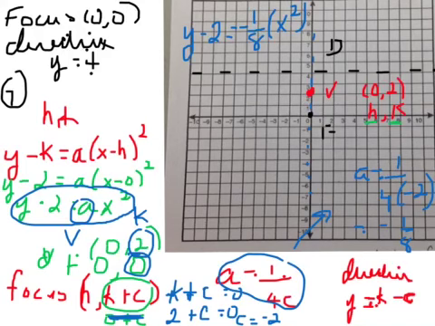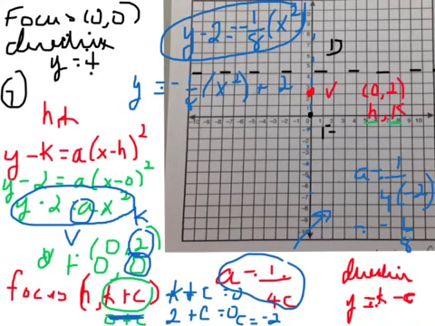So if you think about it, this is the answer to the equation right here. But if I add 2 to both sides, I get y equals negative 1 over 8 times x squared plus 2. Okay, so let's think about a point we could plug in there. Let's try to think of something where we could square it and have it divisible by 8.